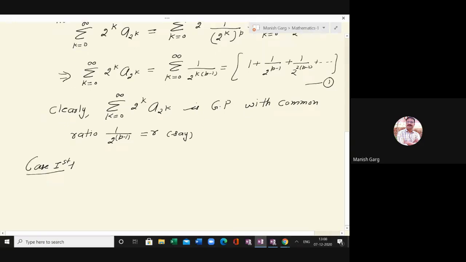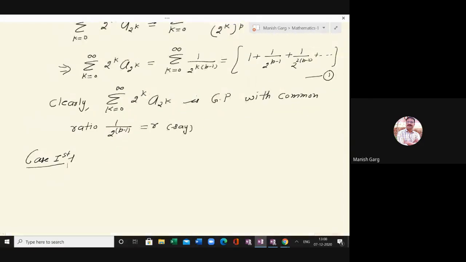Okay, so now make cases. Case first: if p minus 1 is greater than 0, that is p is greater than 1, then the common ratio r, 1 upon 2^(p minus 1), is positive and less than 1.